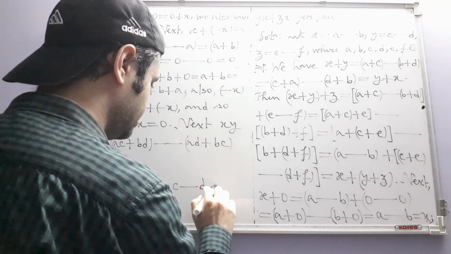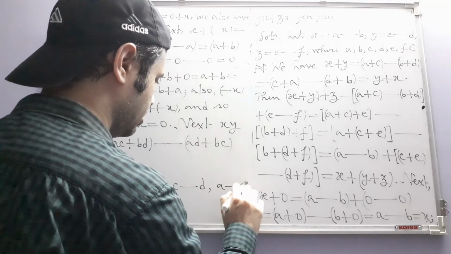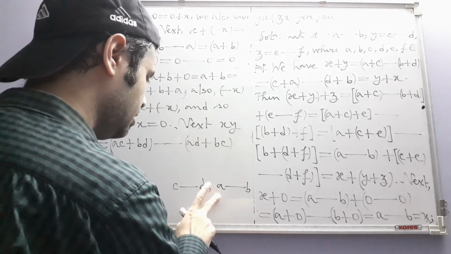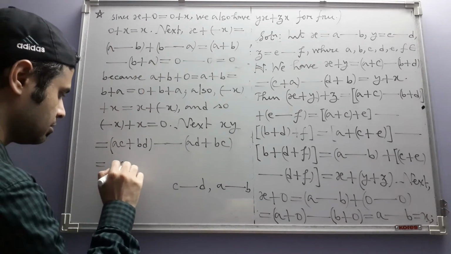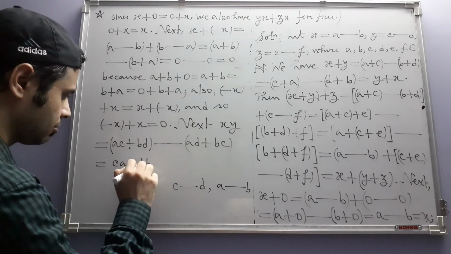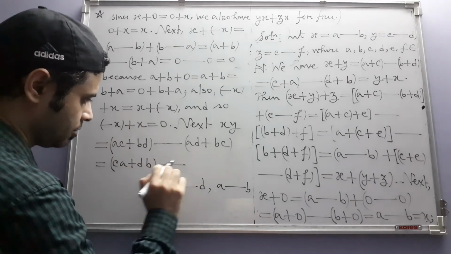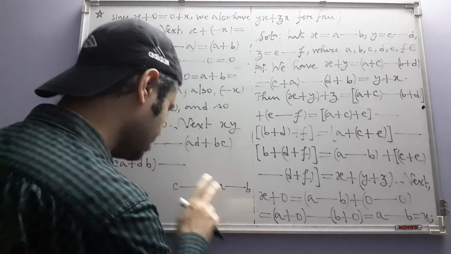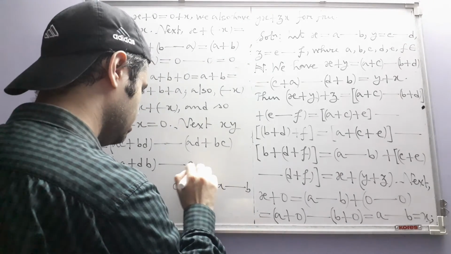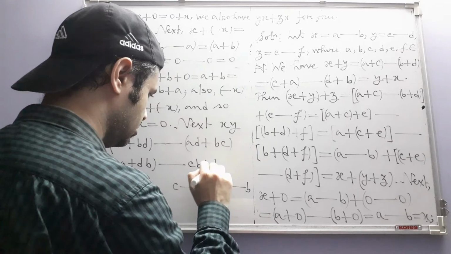I cannot imagine it if I don't write it in that order. It should be CA plus DB dash CB plus DA.